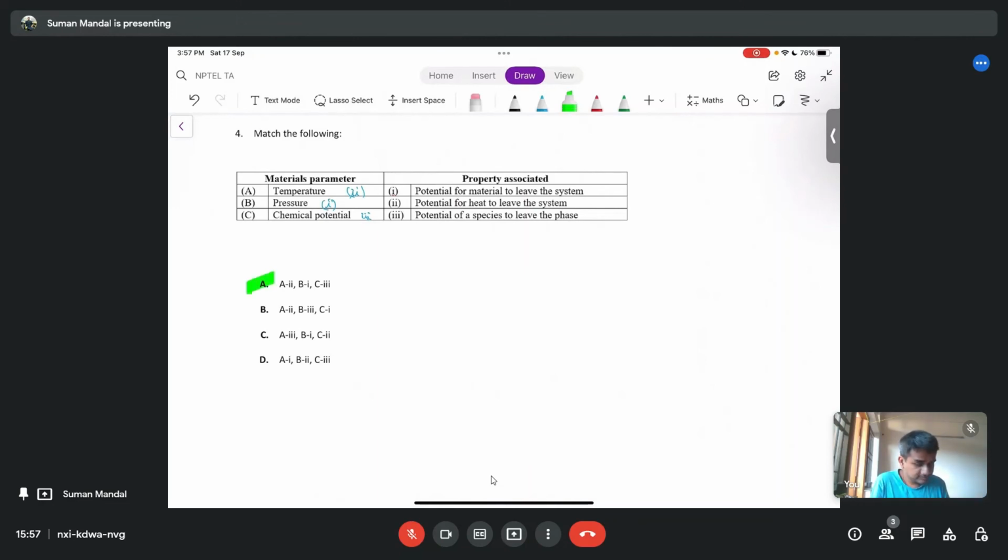I just have to say one thing. If all three are in equilibrium, then it's called thermodynamic equilibrium.